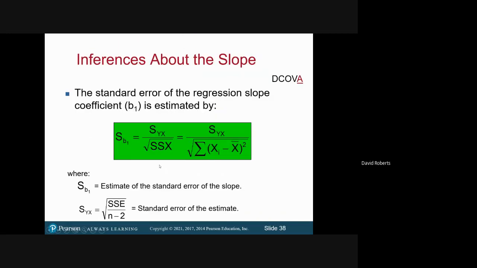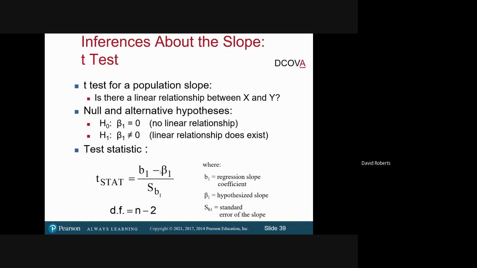Again, the software will do the calculations for us. What we're trying to do in this case, and I'll get to it again in a moment, is see if the slope is statistically significant. And once again, we'll look at the p-values.